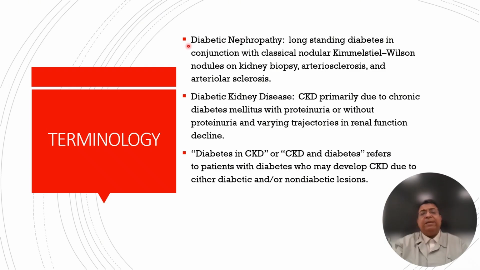The term diabetic nephropathy implies pathologic diagnosis, implies long-standing diabetes in conjunction with classic nodular Kimmelstiel-Wilson nodules on kidney biopsy, arteriosclerosis, and arteriolar sclerosis. But of course, kidney biopsy is frequently not utilized in patients who are suspected to have diabetic kidney disease.